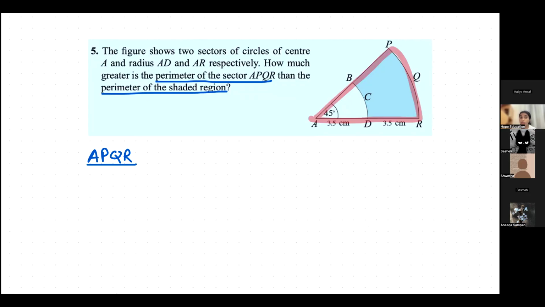Now, we have already learned how to find the perimeter of a sector. We know the formula. What is it? Theta over 360 multiplied by 2 pi r plus 2r.